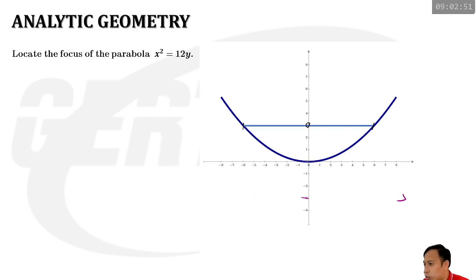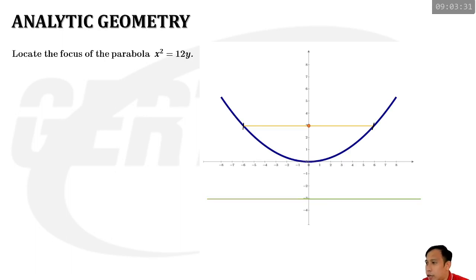Ano yung latus rectum? Okay, sige. So, tingnan nyo ito, no? Yung latus rectum is a line segment that passes through the focus. Ito yung focus in this figure. Then, yung latus rectum is ito. Now, the directrix is aligned dito, behind its opening.